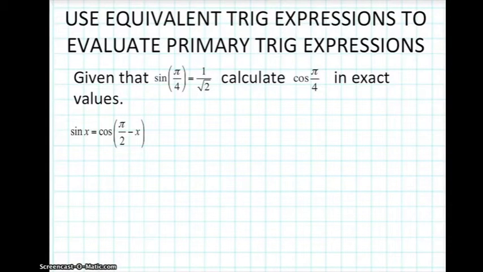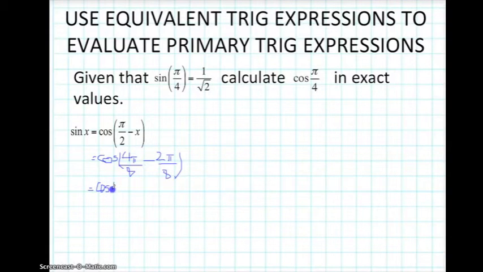So since we need pi over 4, we can say this is equal to cos 4 pi over 8 minus 2 pi over 8, because that equals pi over 4 inside the brackets, and that's what we need.